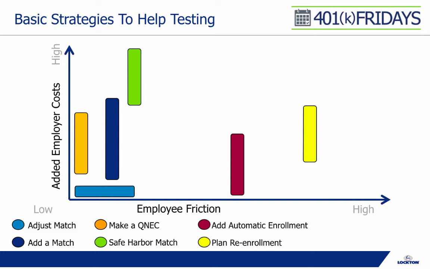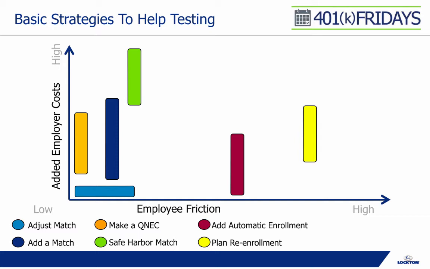On top of automatic enrollment, there's a concept of plan re-enrollment. Depending upon your contribution rates and your deferral rates and your participation rates, plan re-enrollment is the next step beyond automatic enrollment, as this allows you to go back and look at all employees that are eligible, whether they're new employees, legacy employees, employees that are contributing a little bit or a lot to the plan, and you're essentially going to re-enroll nearly the entire plan at a chosen deferral percentage.